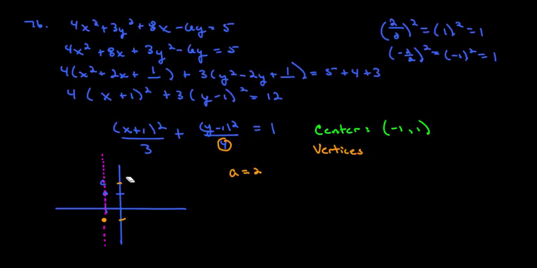This doesn't look evenly spaced, so I'm just going to do that again here. Okay, so those are my two vertices, so I can label those points. They both have an x value of negative 1, but this vertex right here is up 1, 2, 3, and the other vertex is down negative 1. Okay.